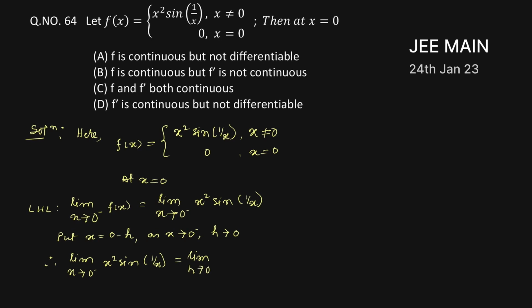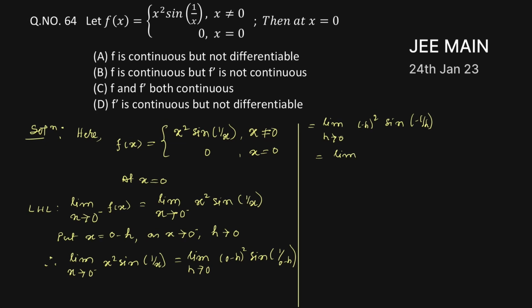In the place of x, we write 0 minus h whole square sine 1 upon 0 minus h, which is equal to limit h tends to 0 minus h whole square sine minus 1 by h, which is equal to limit h tends to 0 h square minus sine 1 by h.